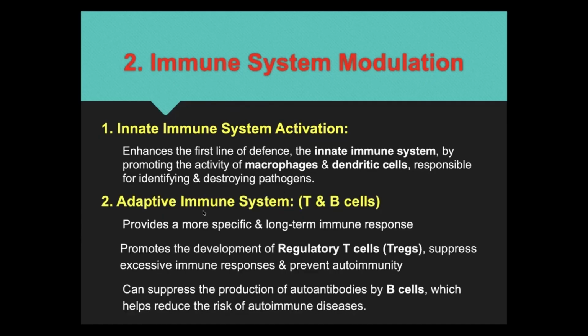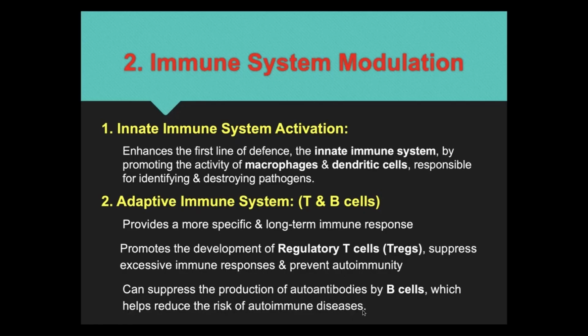Whereas second is the adaptive immune system through the T cells and B cells, which provides a more specific and long-term immune response. It promotes the development of regulatory T cells, also known as Tregs, which suppress the excessive immune response and prevent autoimmunity.